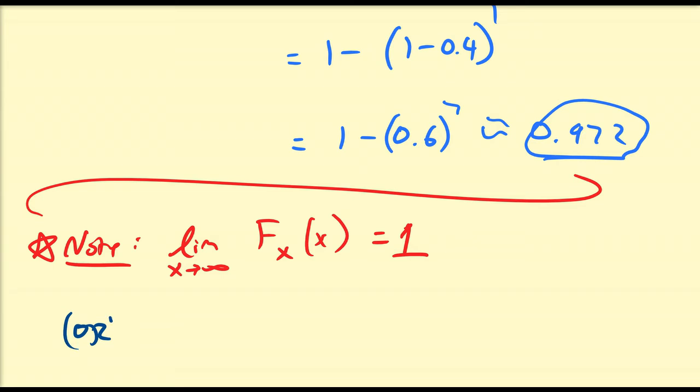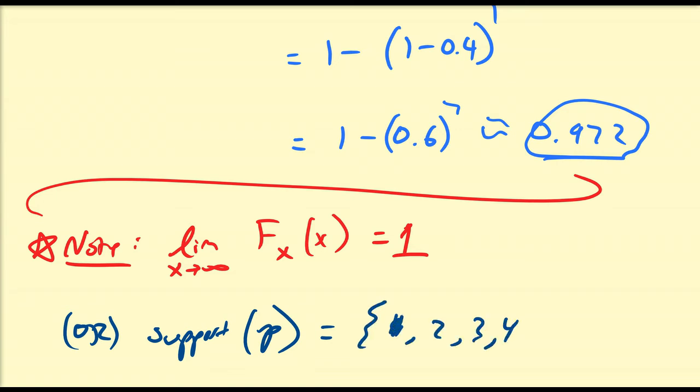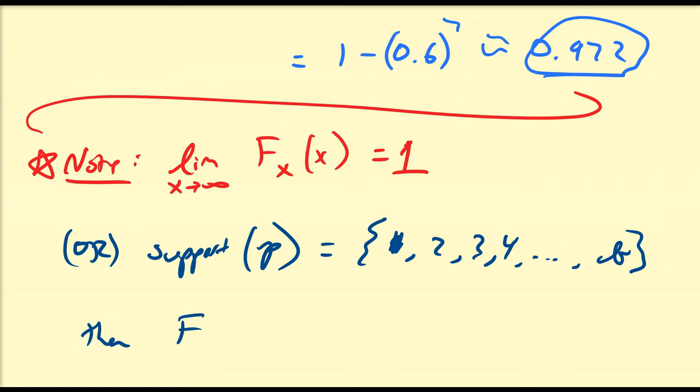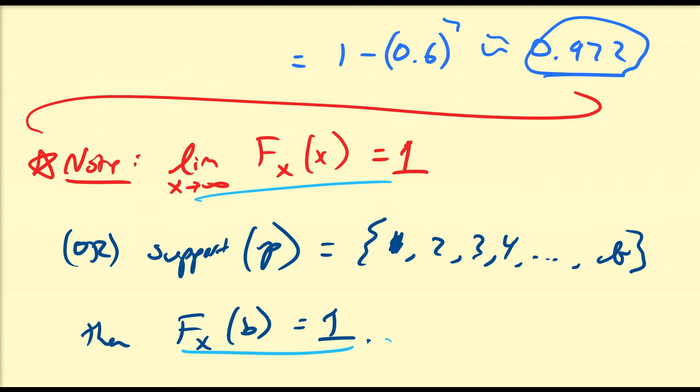Or if the support of the probability mass function is, say, 1, 2, 3, 4, up to some number, say b, then F_X of b is going to be equal to 1, because that's the sum of all of the probabilities for 1, 2, 3, 4 up to b, and since p is a probability mass function, the sum of all of its probabilities must be equal to 1. So that's pretty much what this expression means.